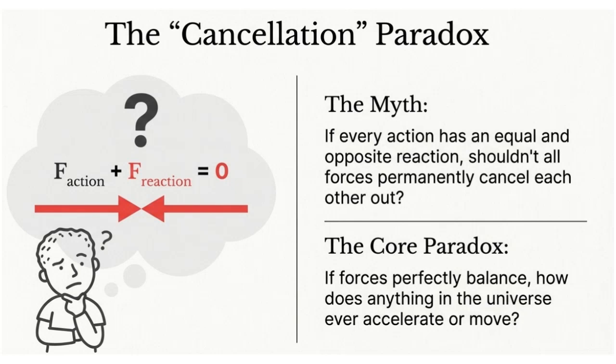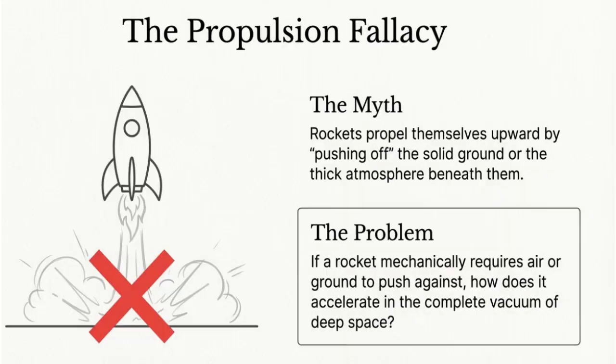However, the paradox challenges this by asking, if forces perfectly balance, how is it possible for anything in the universe to move or change speed? This points to a deeper inquiry about how forces interact and how motion actually occurs, despite the seeming contradiction in the idea of forces canceling out completely.